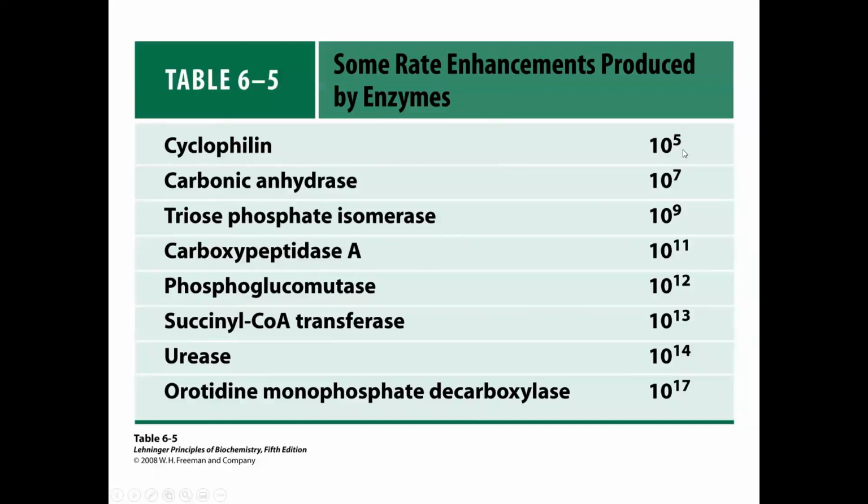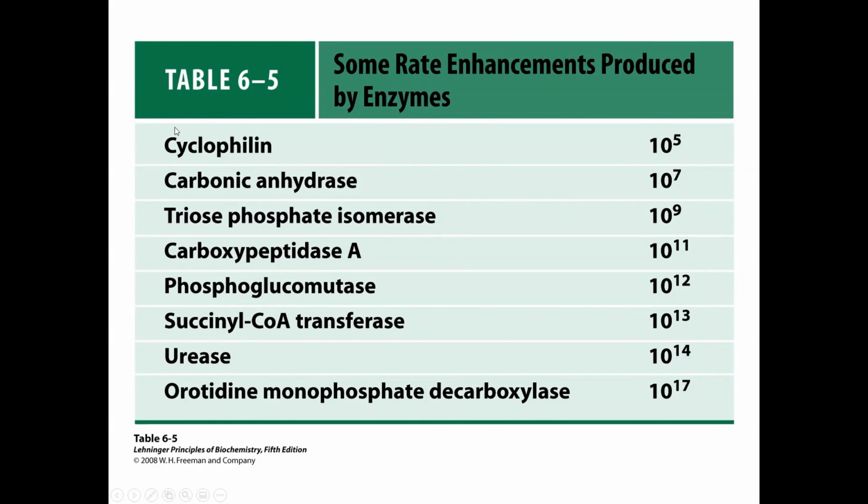And that ratio is listed here, right? As I said, urease is an enzyme that will hydrolyze urea, right, in bacterial species mostly, into ammonia and carbon dioxide. And you can see its rate enhancement is really, really spectacular, right?